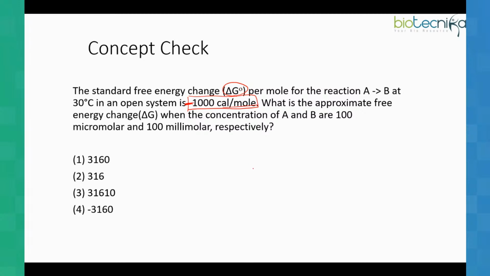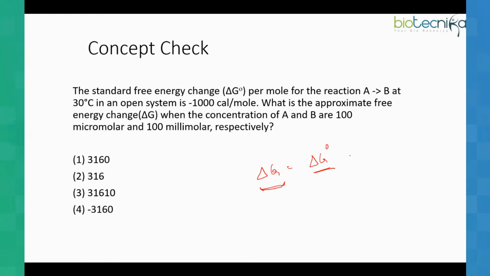So the formula you have to use is delta G is equal to delta G0. We know that standard free energy, if there is any change in the concentration of substrate or product or the temperature, the free energy will change. It will not remain standard anymore.